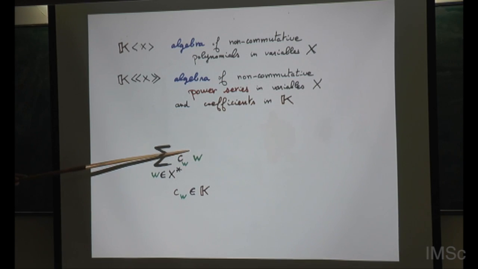It's just a formal sum over all words. And for each word, you take a coefficient c_w included in K. So I will not make more comment on this. You can define the sum and the product, as usual for the commutative case. And sometimes it's useful to work with these non-commutative power series, non-commutative algebra of polynomials.